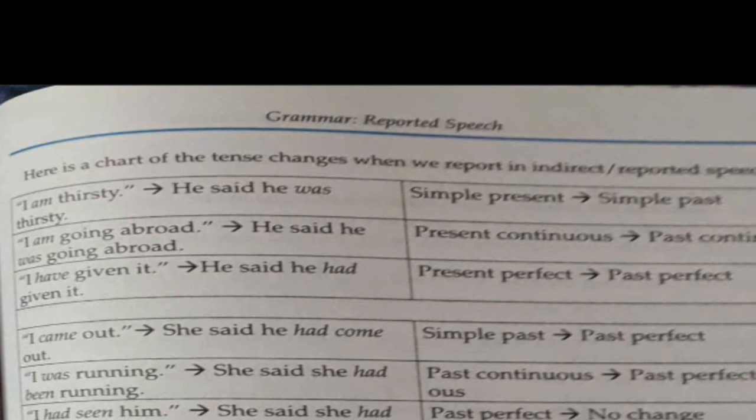Please exercise regularly. So this is a request. Please exercise regularly is the direct speech. He advised me to exercise regularly is the indirect speech or reported speech. Then we do not change the tense.